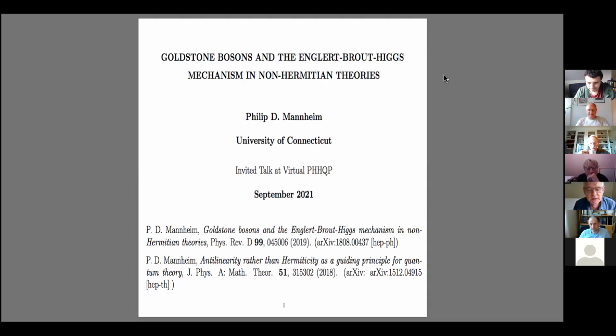If you think of Goldstone, there was a Goldstone paper, and then there was a general proof by Goldstone, Salam, and Weinberg. Essentially, the Guralnik, Hagen, Kibble paper plays the same role vis-a-vis the Englert-Brout-Higgs mechanism as the Goldstone, Salam, Weinberg paper plays vis-a-vis the Goldstone boson.